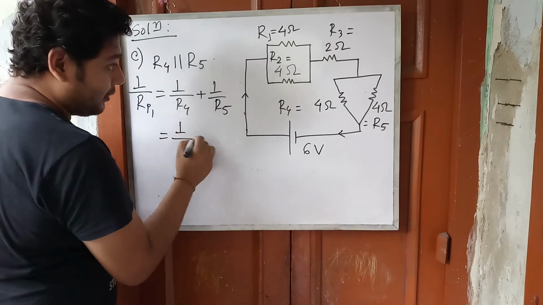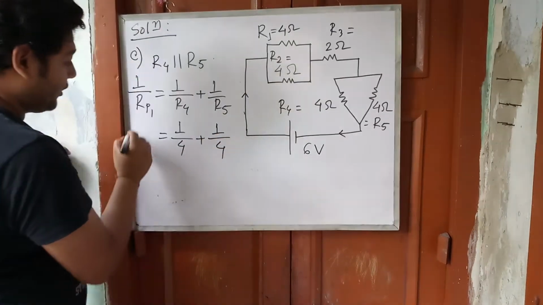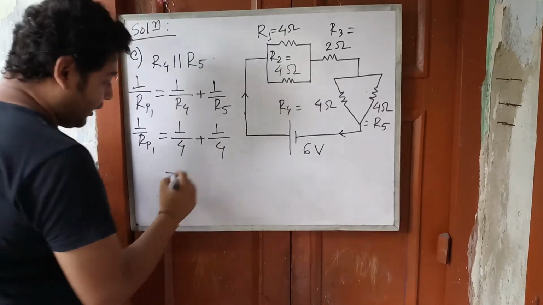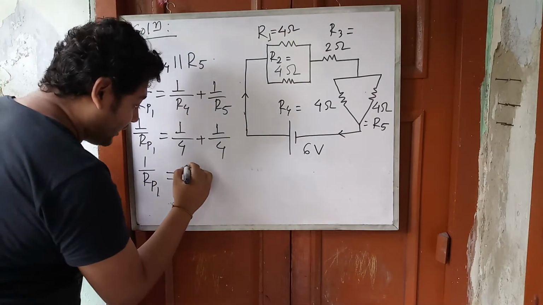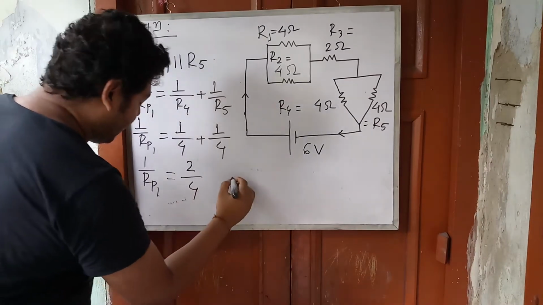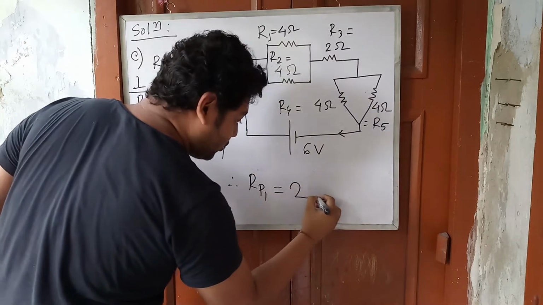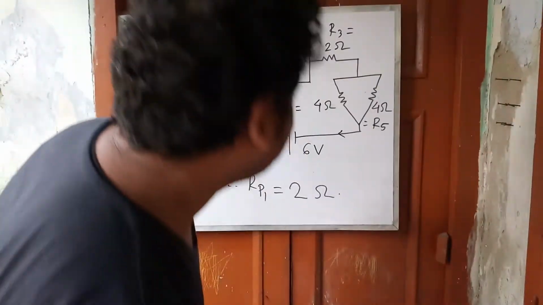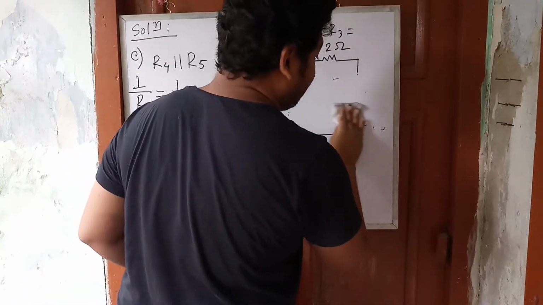Then we can write 1 by 4 plus 1 by 4. Then 1 by RP1 is 2 by 4, and RP1 is 2 ohm.